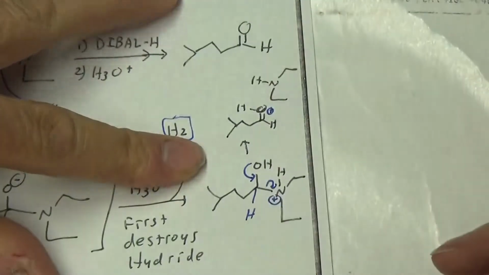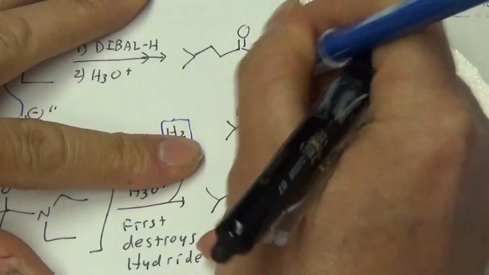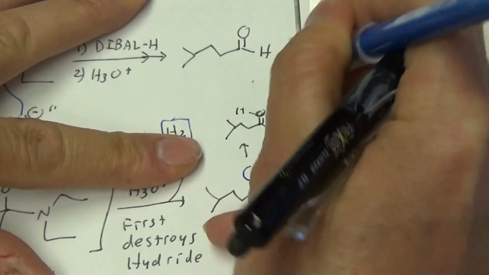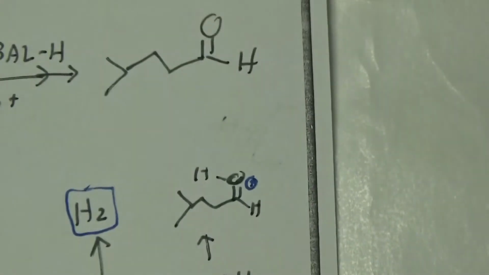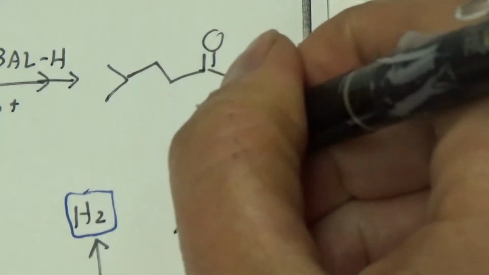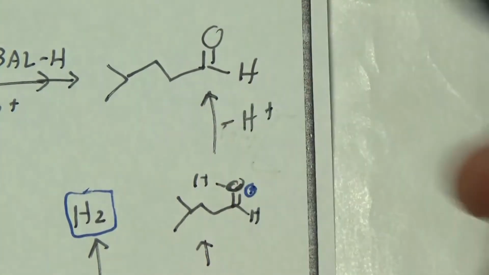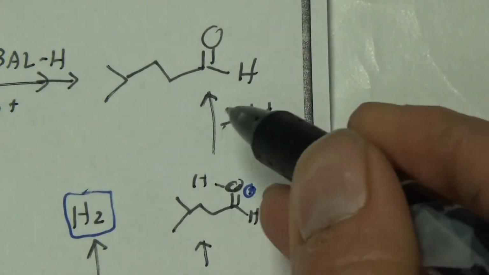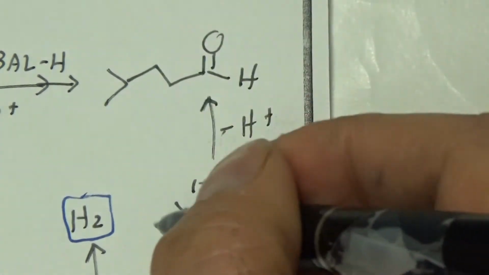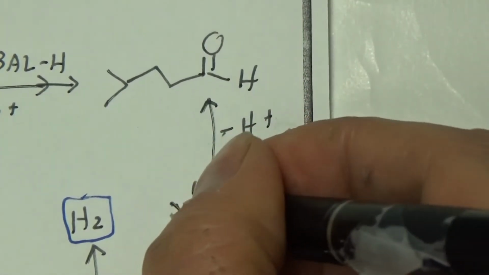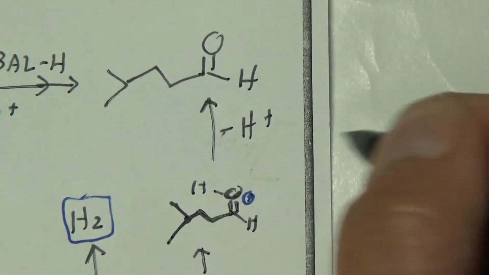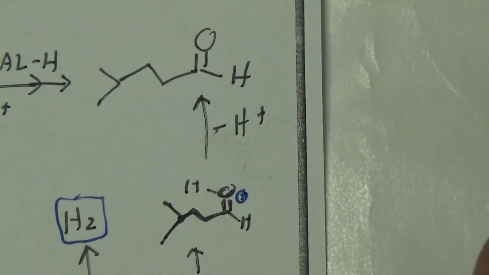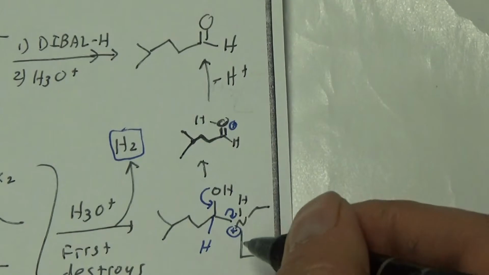I'll draw the amine up top again here, just to declutter. So we have a protonated aldehyde. Lose the proton on the aldehyde, and we get the desired product. The byproduct, of course, is diethylamine.